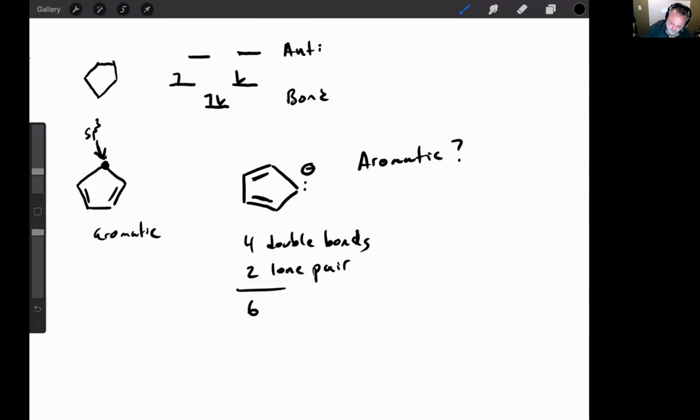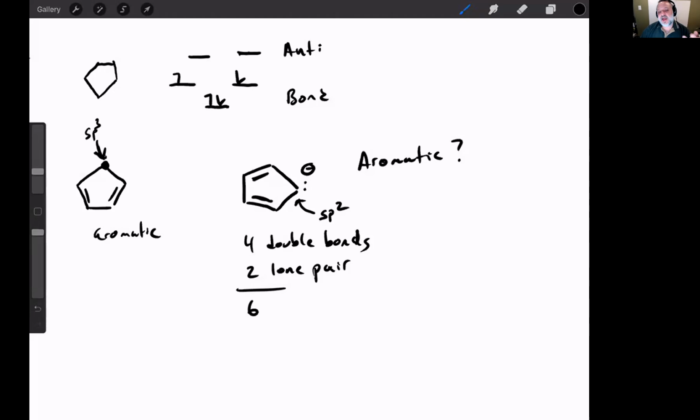Well, let's take a look. What would the hybridization of this be? In order for it to be a negatively charged carbon with a lone pair and not violate the octet rule, that means that there can be only one other bond besides the lone pair, and that's going to be a hydrogen.